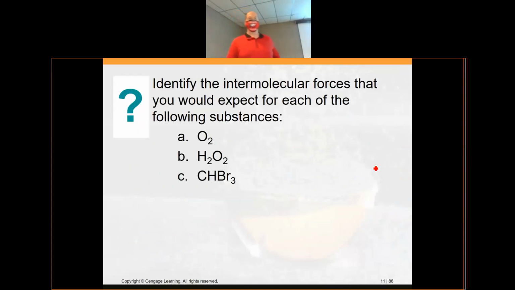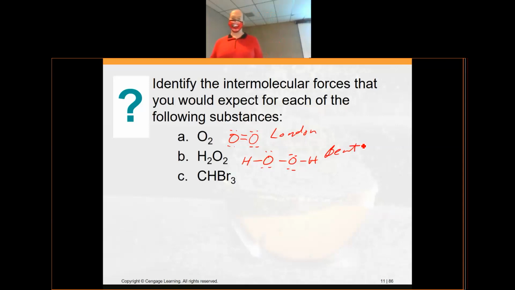All right, so intermolecular forces. Oxygen is simply O double bond O, so this is linear, non-polar, London only. H2O2, here you have two bent oxygens.